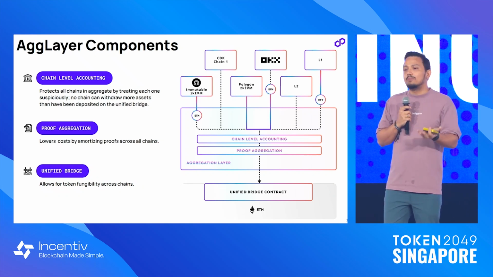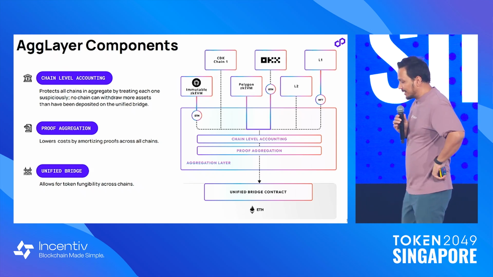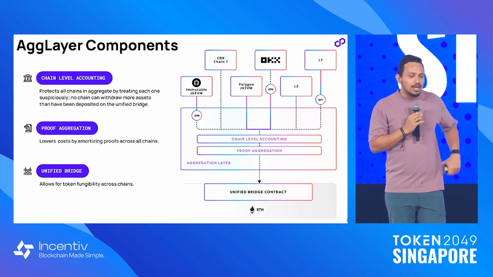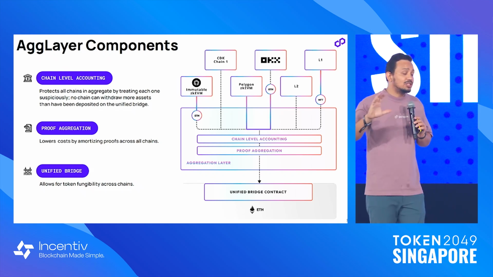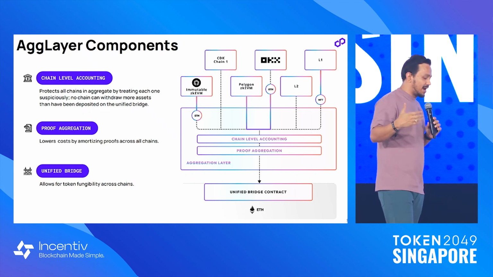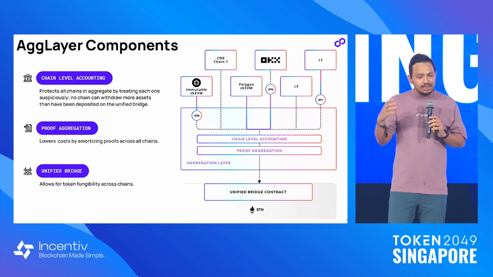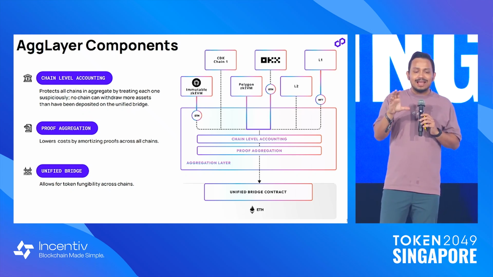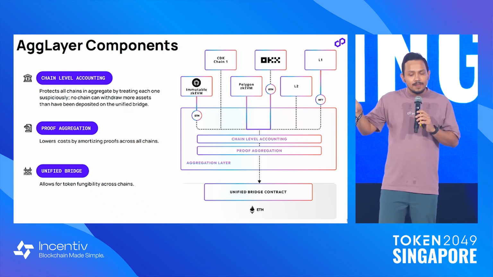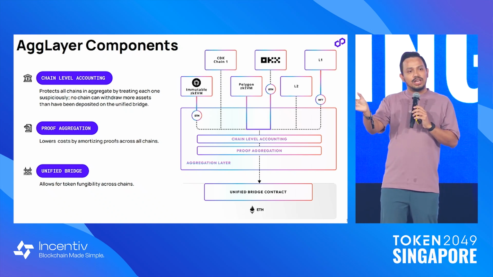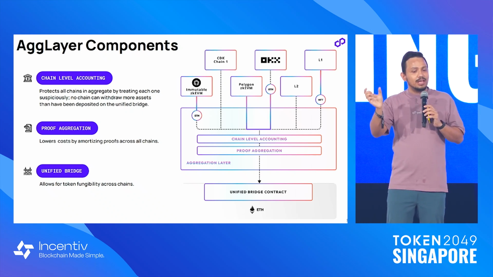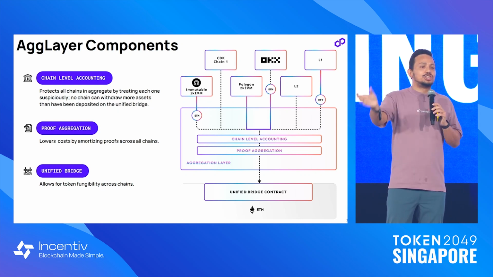One other mental model I want to share with you guys: you can also think of Ag layer, it's not really a chain though, but I'm just trying to give a simple analogy, like a chain like Solana, but instead of each address being a user address, each address is a chain, right?